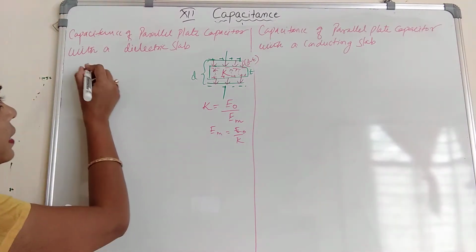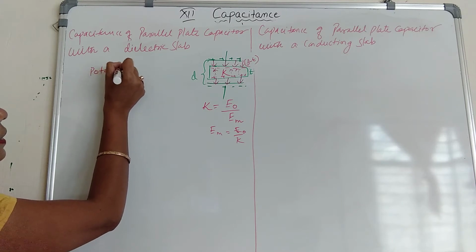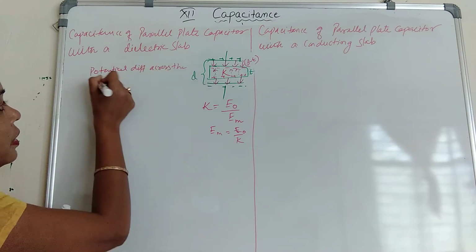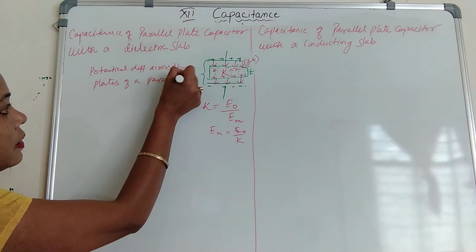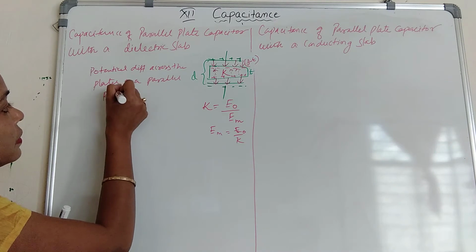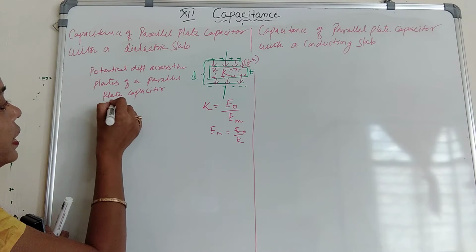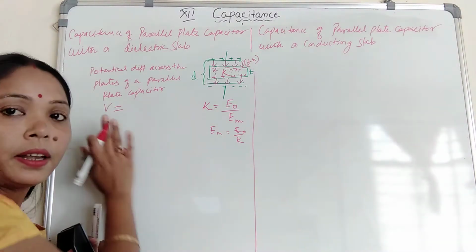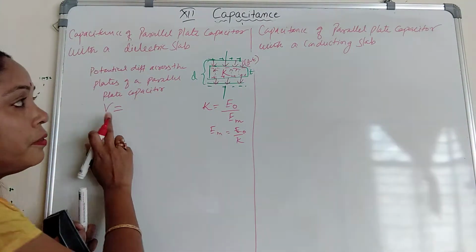We have to first find the potential difference across the plates of the parallel plate capacitor. So V is equal to, now this is very important, once you can write this V, half of the expression is solved.